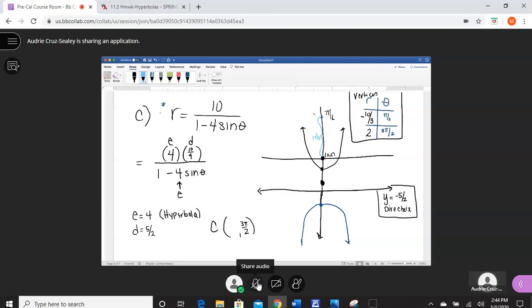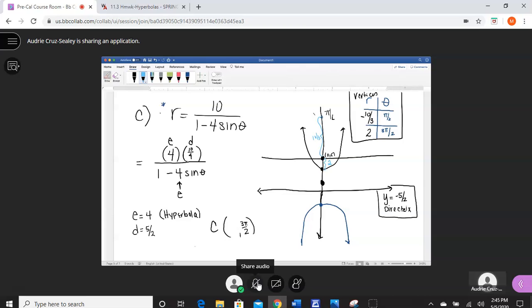What is the other distance? 2. Oh, thank you. Yes, it was. The distance from here to here was 2. Do we agree? So that's vertex to vertex. That's the length of your major axis, your transverse axis.